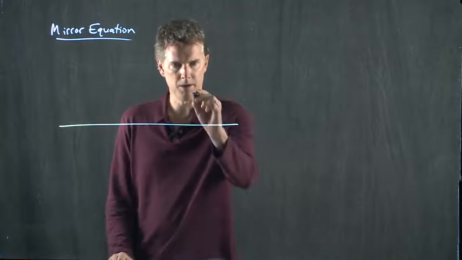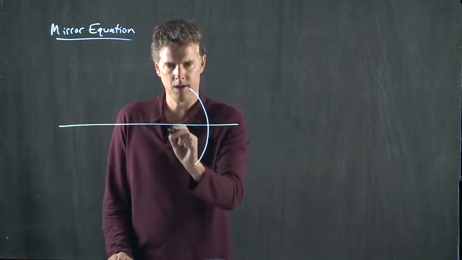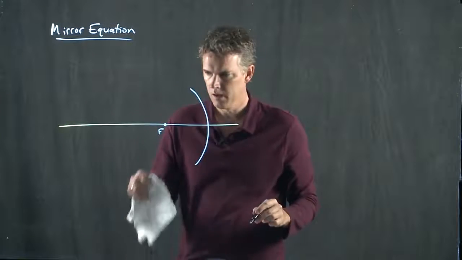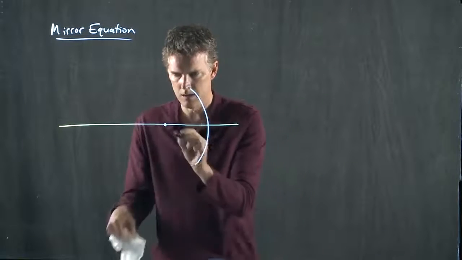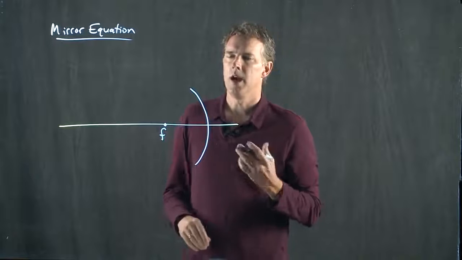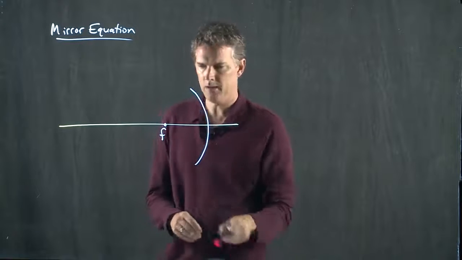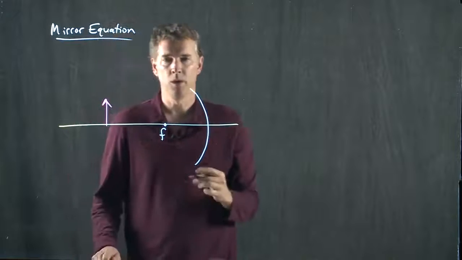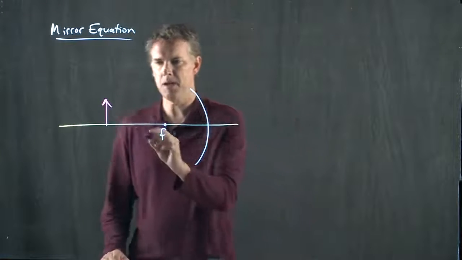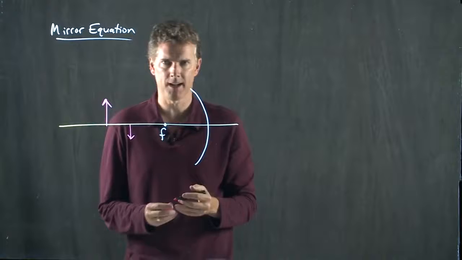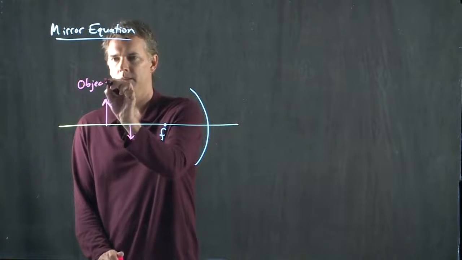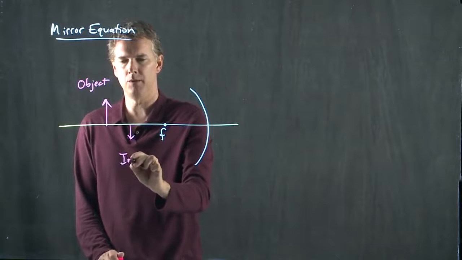And this is our mirror, at a focus about there. And when we have an object, we know that it's going to form some image somewhere. We're not exactly sure where yet, but this thing is our object. This is our image.